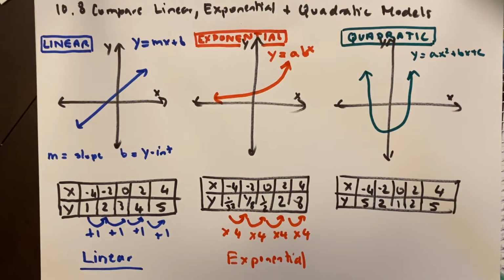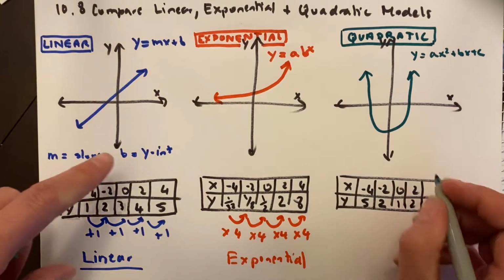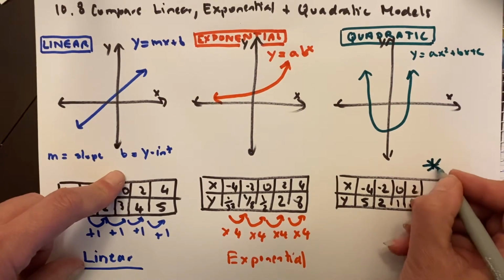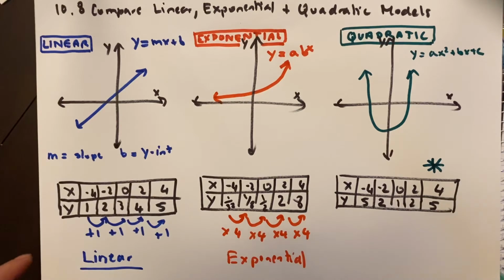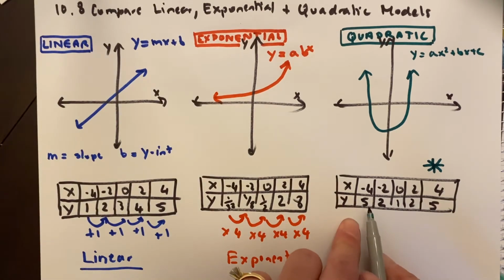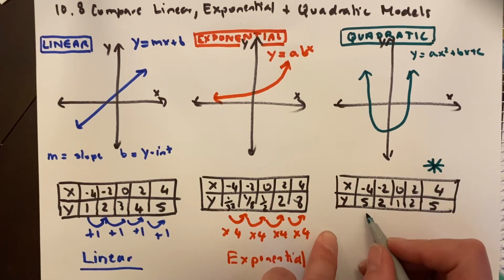The only new part of this, and I'm gonna star it right here so you pay special attention, is the quadratic. Besides the fact that you can see that the y's are going down and then coming back up, which is basically exactly what the quadratic function does, you can also identify it by the differences.